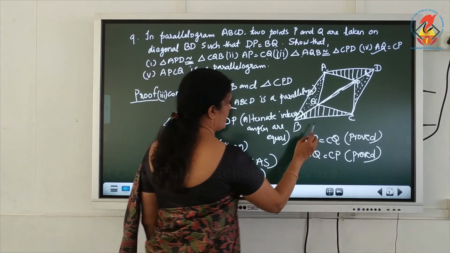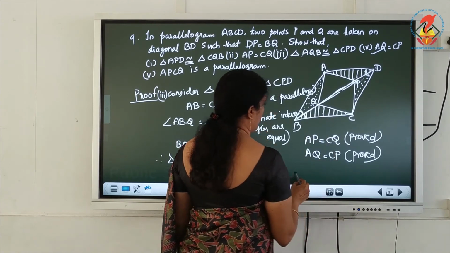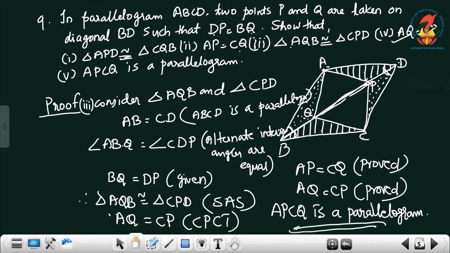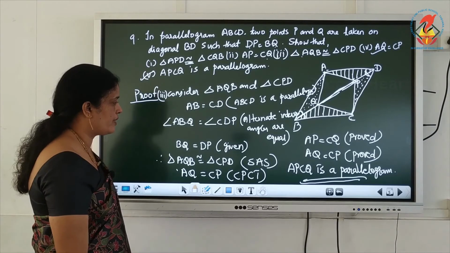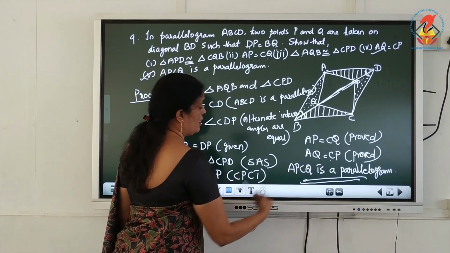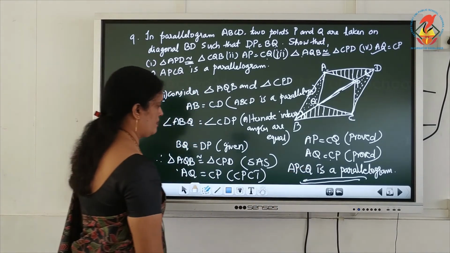From these two equations we can write, opposite sides are equal. Definitely we can write APCQ is a parallelogram. This is the fifth one. Sub question 5: already proved AP equal to CQ, AQ equal to CP, APCQ is a parallelogram.